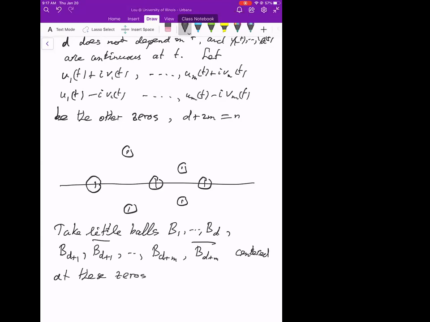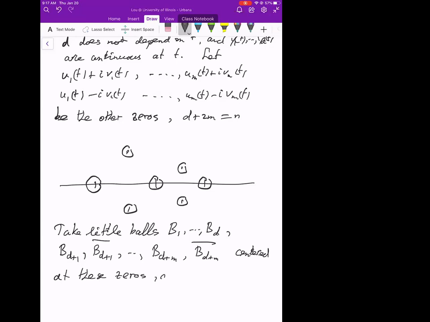So B1 up to Bd are centered at the real zeros, y1(t) up to yd(t), and the other ones centered at the non-real zeros, and such that they are disjoint.